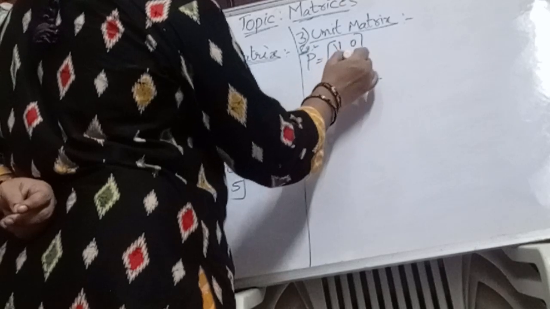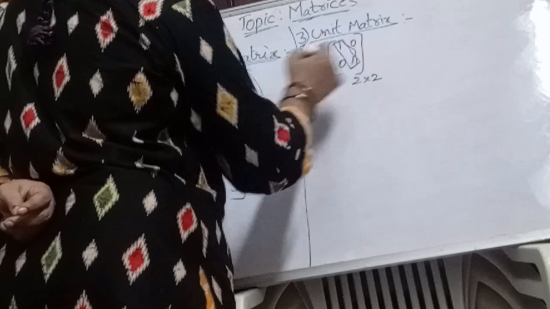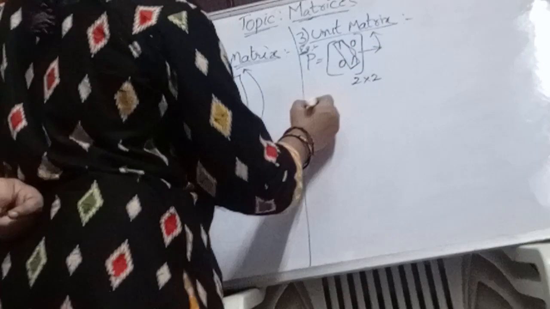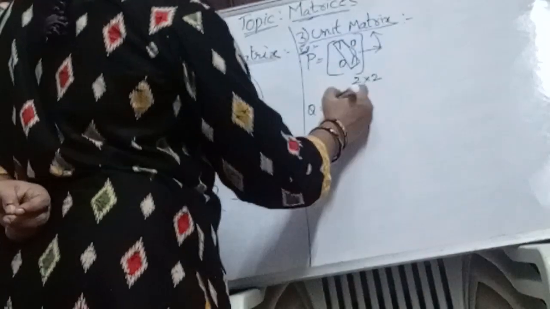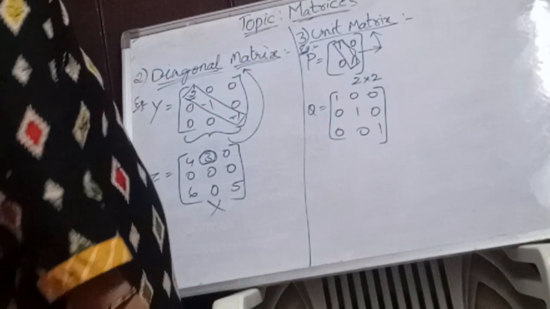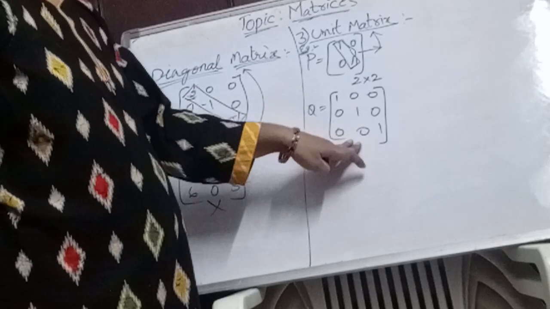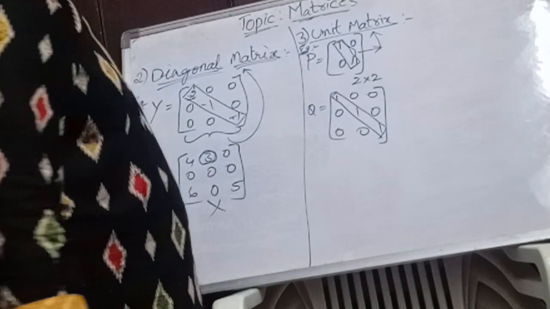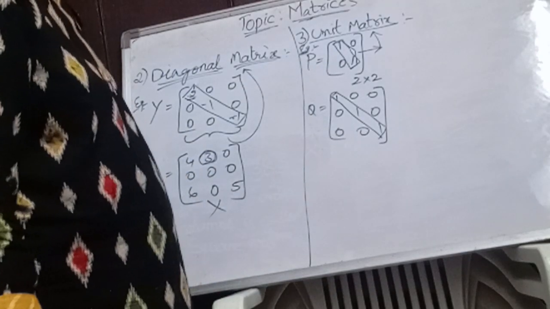What you observe here is that the principal diagonal elements are ones and the remaining are zeros. We call this type a unit matrix. Let us take one more example. U equals 1 0 0, 0 1 0, 0 0 1. Here the principal diagonal elements are all ones and the non-diagonal elements are zeros. Like that, in any matrix, we call that matrix a unit matrix.